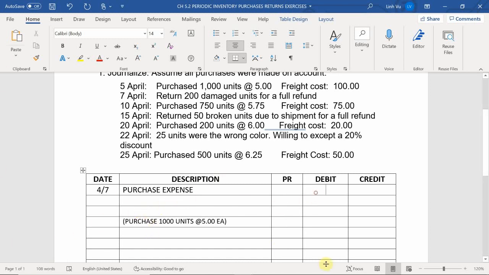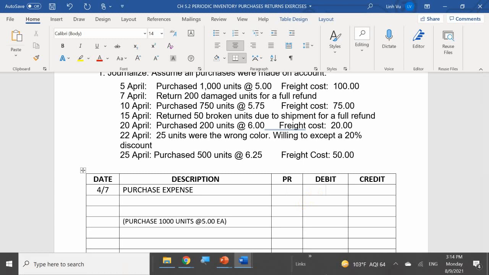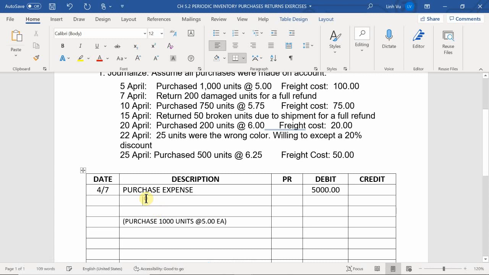So we've got purchase expense. How much is my total purchase expense? 5,000. What's my next account? Freight expense, yes, we have to do freight expense.